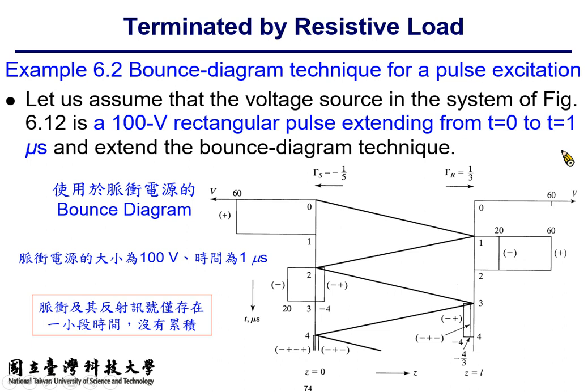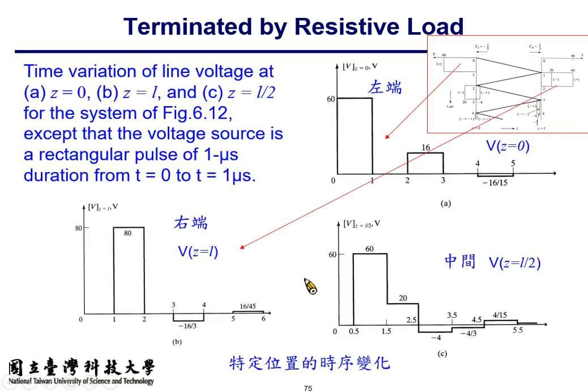All right? So it will approach 0 anyway. So in the steady state, which means after a few microseconds, there will be no signal on this resistively loaded transmission line. Okay?